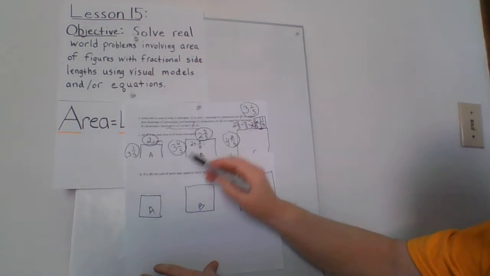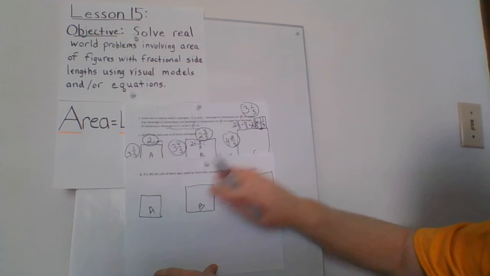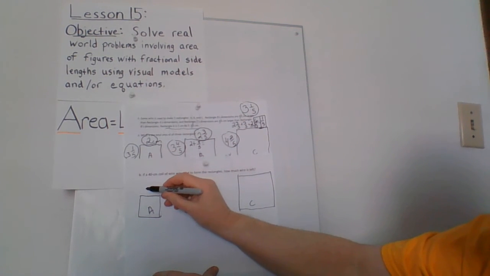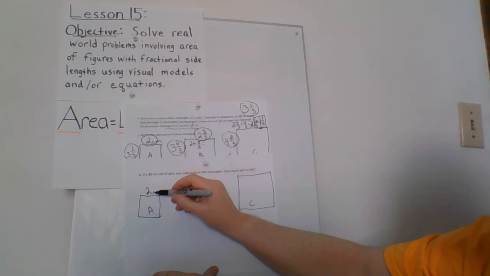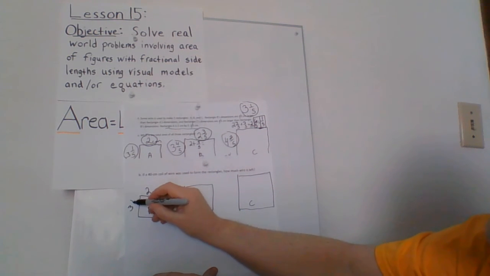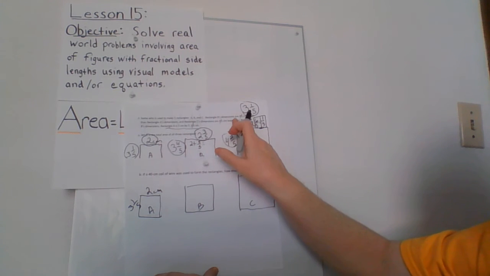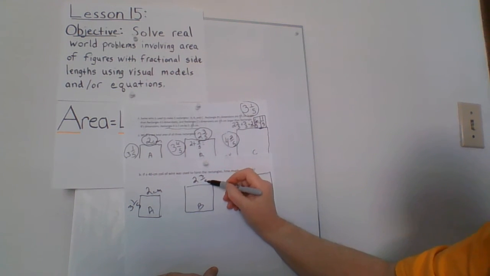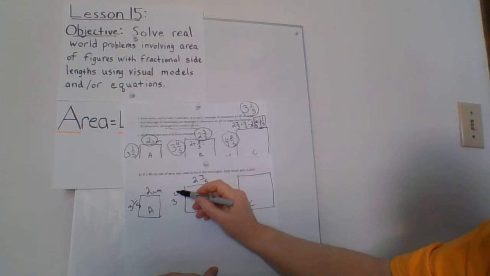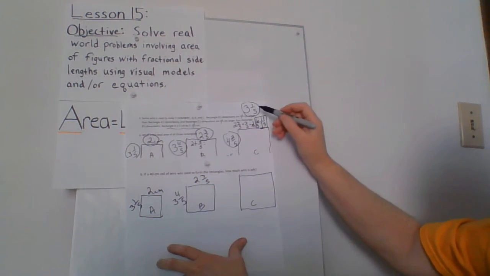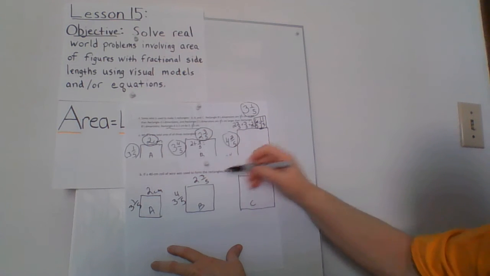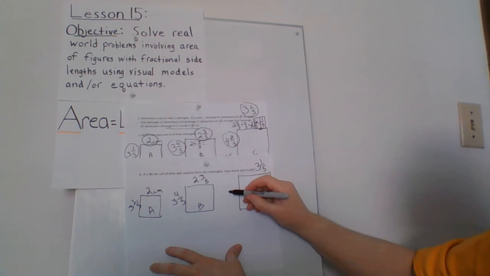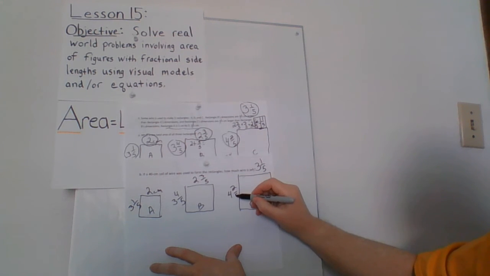Now, we already went through and we found the length and the width of all of these. We had A was 2 centimeters by 3.5. And then we added 3/5 to that, and we came up with 2 3/5 and 3 4/5. And then we added 3/5 to B, and we ended up with 3 1/5 and 4 2/5.